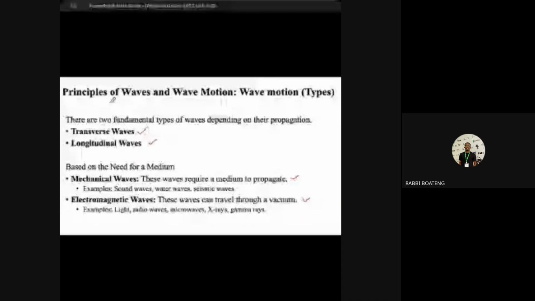Now we will look at the transverse and the longitudinal. But for the medium, when you are talking particularly about mechanical waves, we are interested in the matter of propagation. Let me say it that way. Is that okay? The solid, liquid, and the gases. In fact, mechanical waves need a matter before they can travel through. Is that okay?